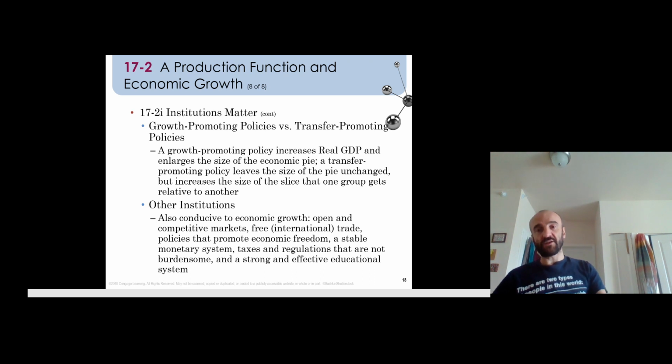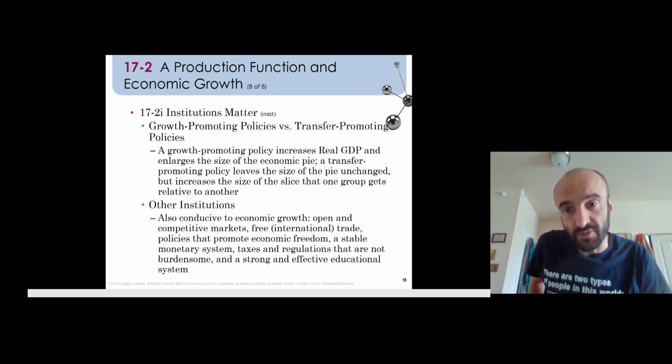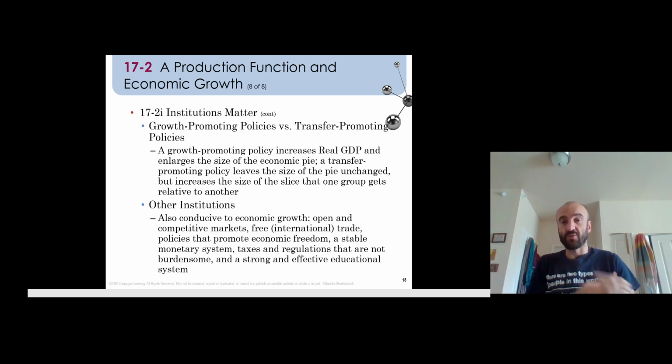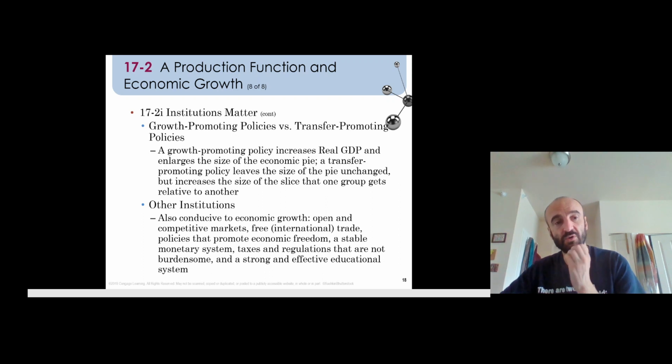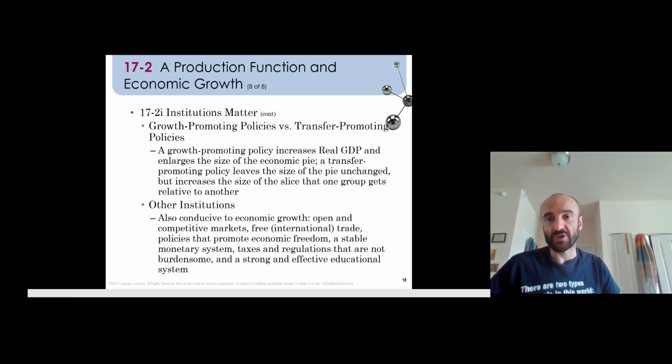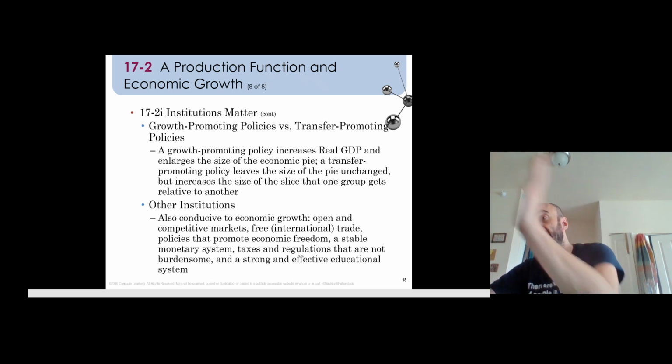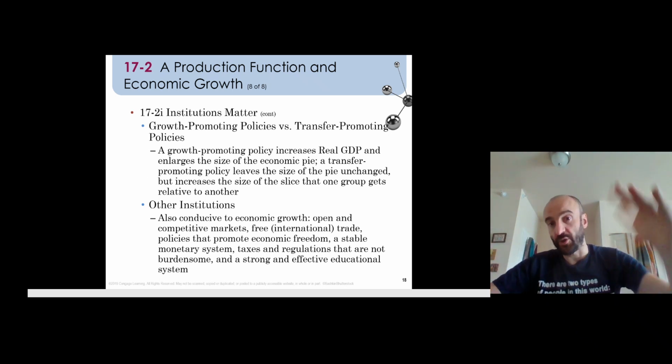How many firms from other countries will consider relocating to your country if your regulations and your taxes are much higher? Not many of them. But if your taxes are lower, then you will have a much higher rate of economic growth vis-a-vis other countries, all other things being equal.